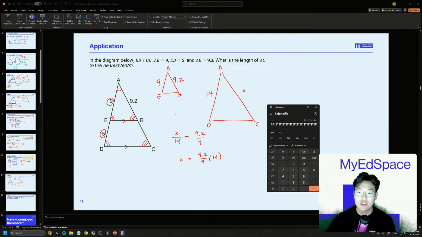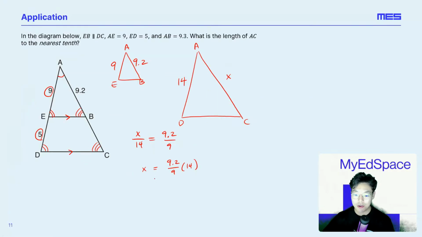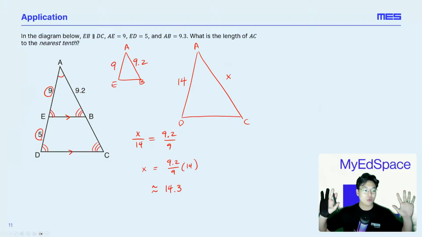They want me to find the length to the nearest tenth, so I have 14.3. And don't forget, whenever we are estimating, we must use the squigglies. And were we given units? We were not. So we're all done.